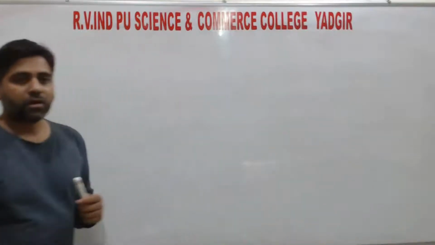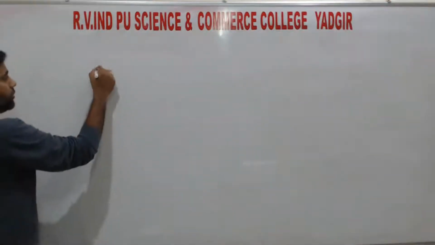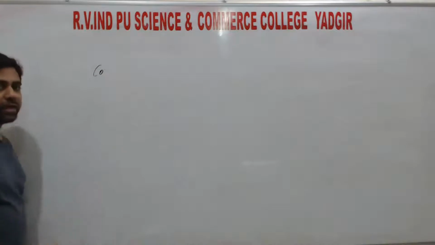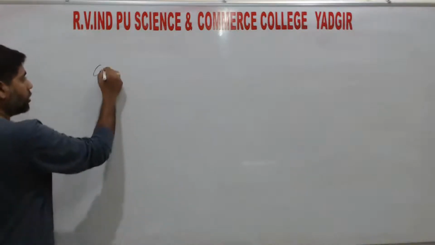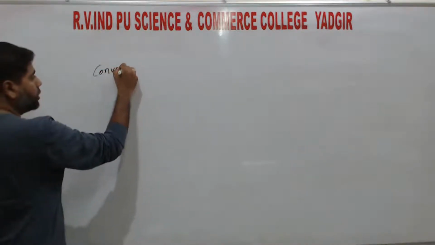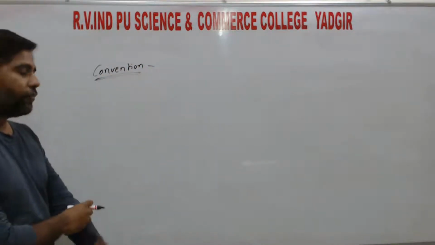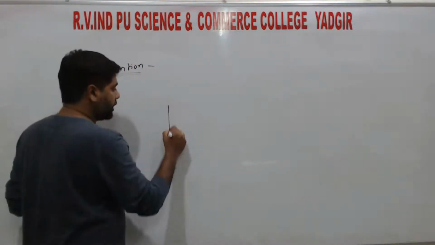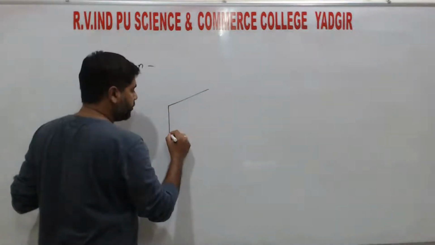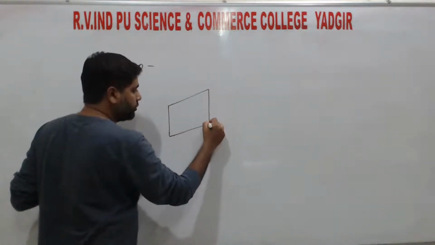So here is one convention we are using. In ray optics, the way we used sign conventions, here also we use a convention. Consider this as a plane paper, right?